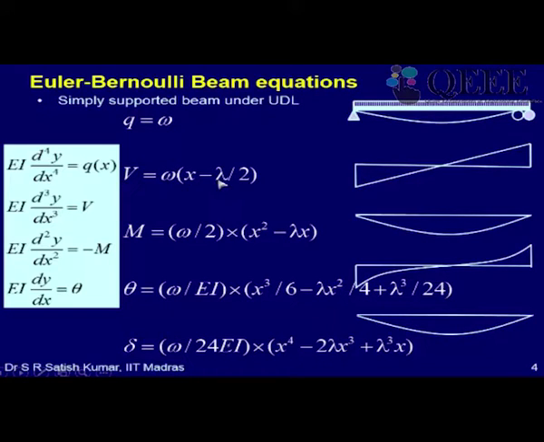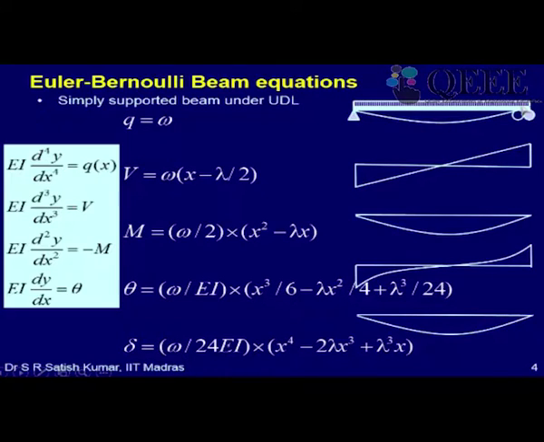I think span L has changed to lambda here, I don't know, due to some version problem. Basically here L is the span of the beam, now it is showing it as lambda. So the shear force V comes out as Wx, because we are integrating W into x, plus an integration constant C, which we are going to evaluate by knowing the shear force at some point, okay.